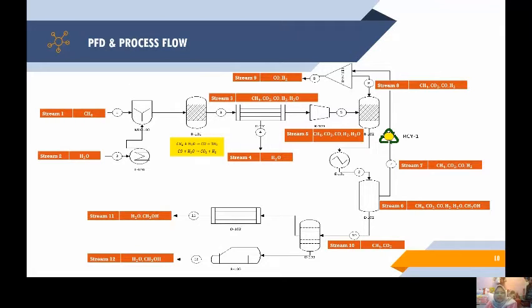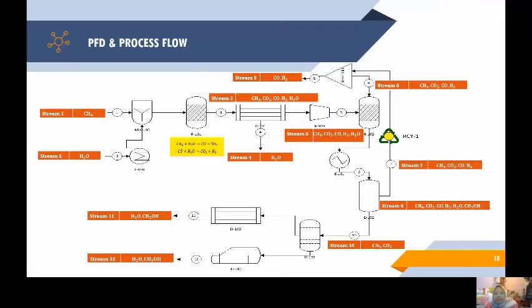So then the components in stream 3 are fed into the condenser, and this condenser is used to remove the excess water, and the remaining components are fed into the compressor and also the methanol synthesis reactor. So for the methanol synthesis reactor, the reactor chosen is the equilibrium reactor.